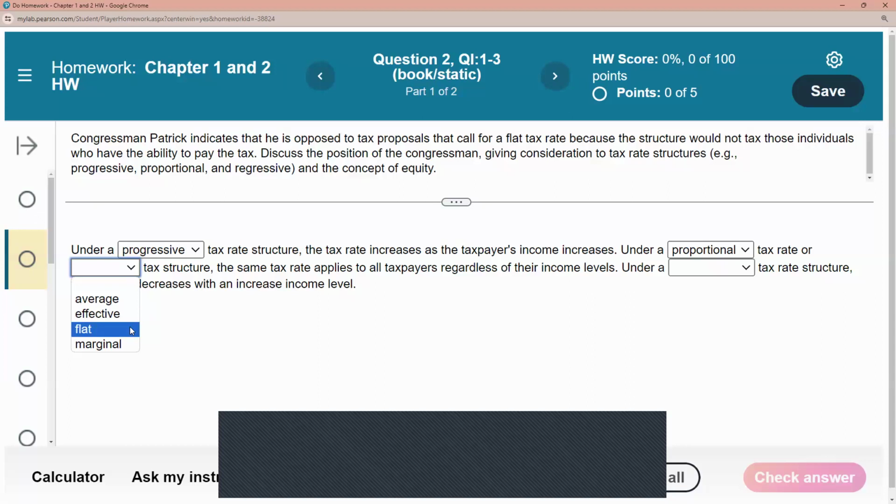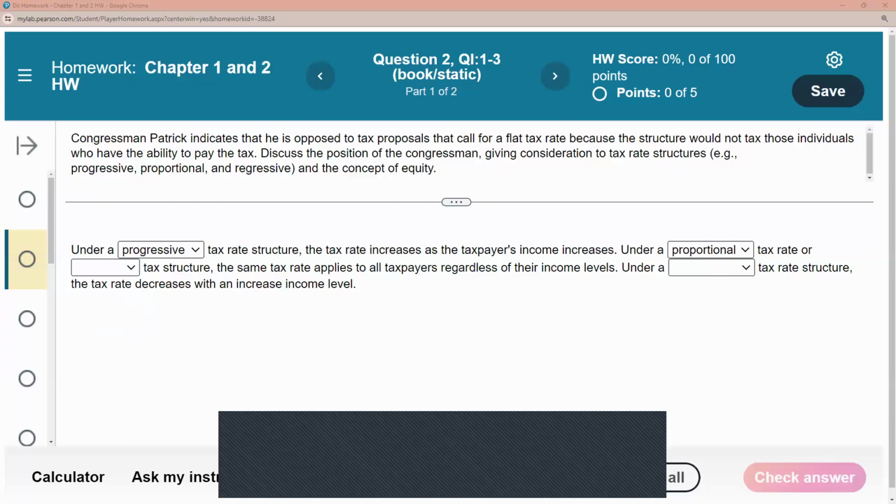And then lastly, we have the marginal tax rate. A marginal tax rate is the tax rate that is applied to an incremental amount of taxable income that is added to the tax base. Simply stated, depending on how much income a person earns, that ultimately determines what their marginal tax rate will be.